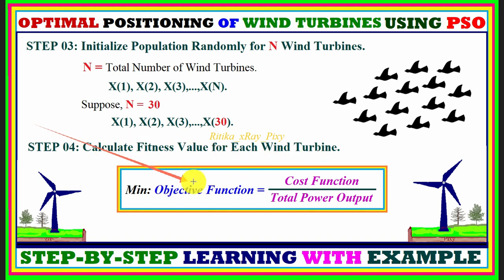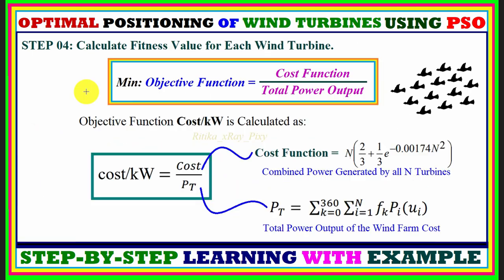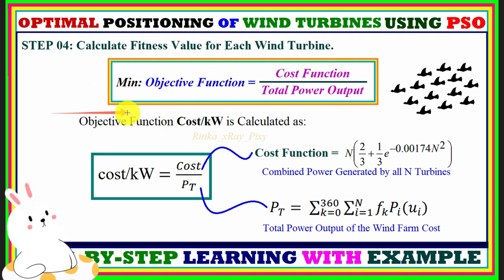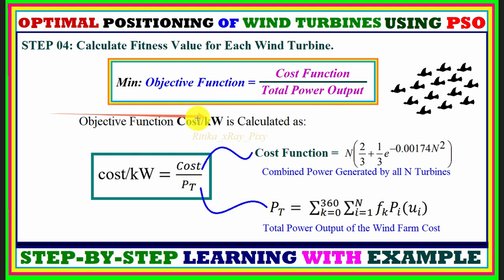So here we are using the objective function for minimization. We are trying to optimize the overall cost per unit, that is the cost function divided by total power output. So here we have the minimization function that is used as the objective function to calculate the cost per unit.